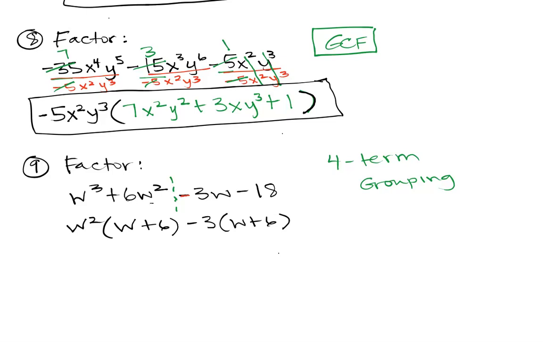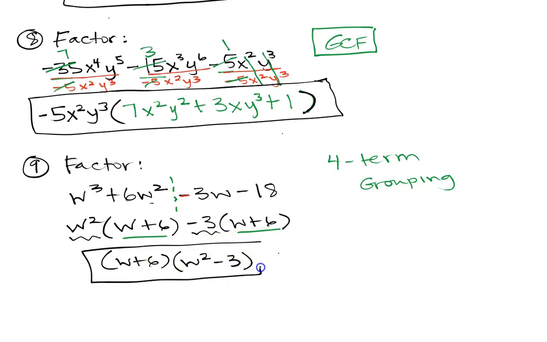All right, and then to do the factor by grouping, these guys have to be the same. If you don't come up with something the same there, then you did something wrong, because those will be on the exam. They'll come out nicely like that for you. So our common factor is that w plus 6, so it comes out, and then the stuff that is our leftovers goes in the other parentheses, so w squared minus 3. And all of this together is your answer.